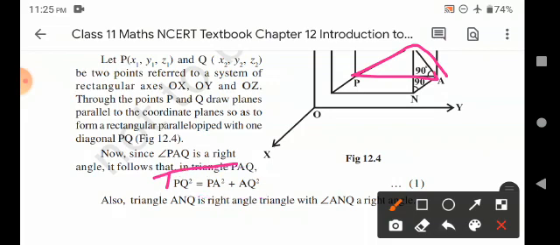Also, the triangle ANQ is once again a right angle triangle, angle ANQ is 90 degrees.